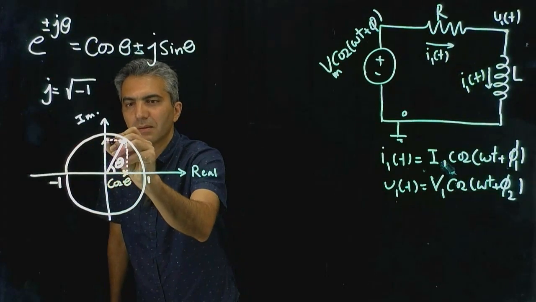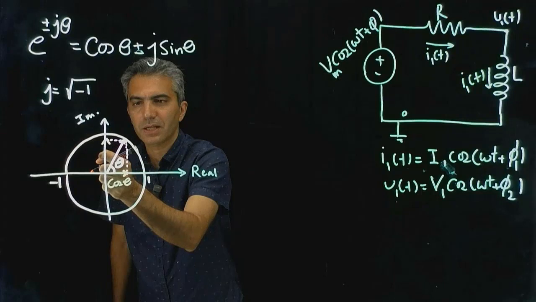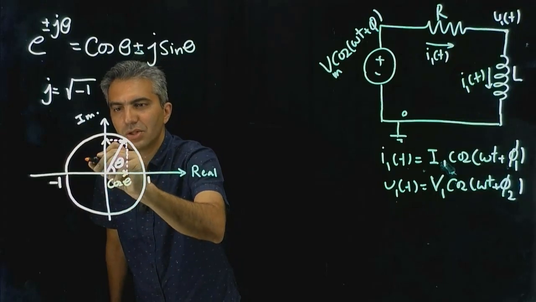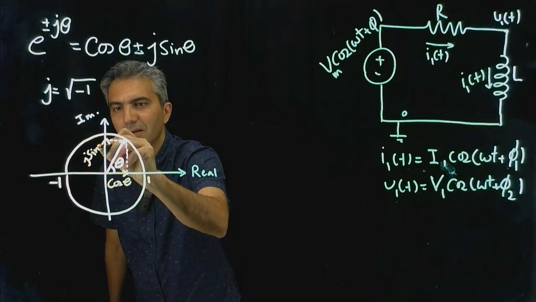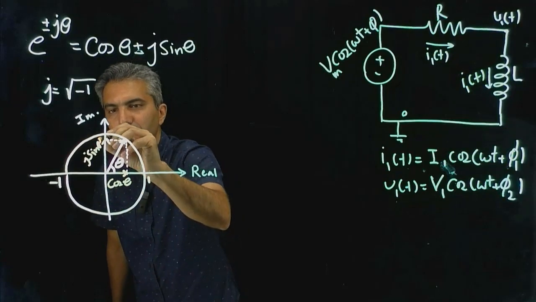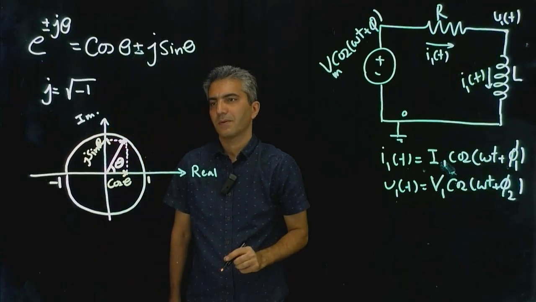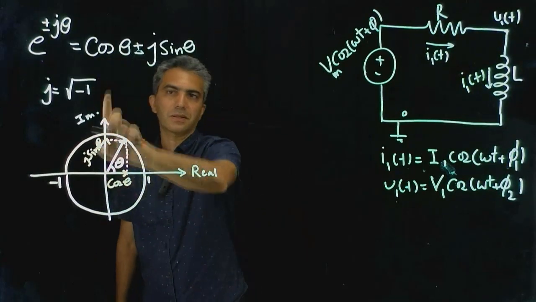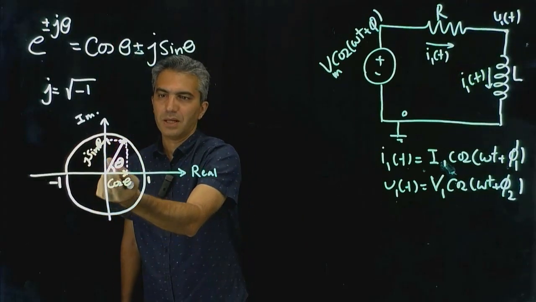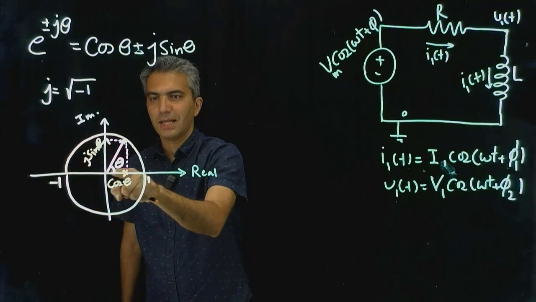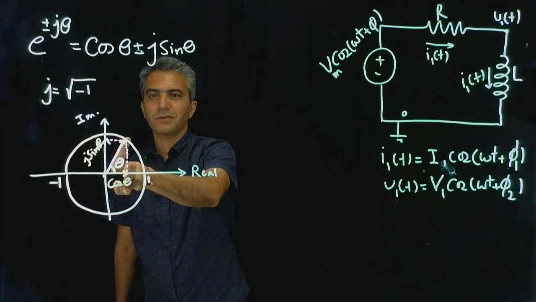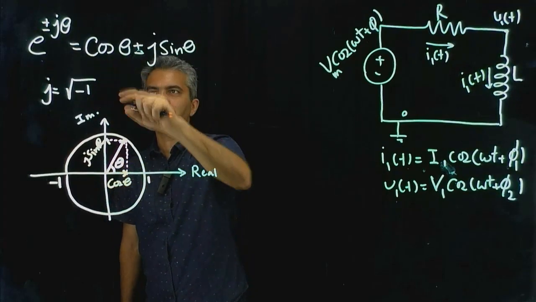Similar to that, the imaginary part is j sine of theta. Okay, j because it's in the imaginary direction, and then sine of theta. So now you add these two up, you get this vector, and that's exactly that equation.